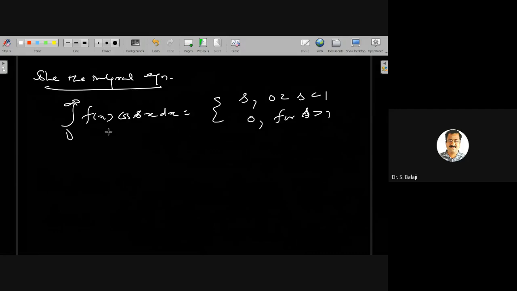They are asking to solve this integral equation.